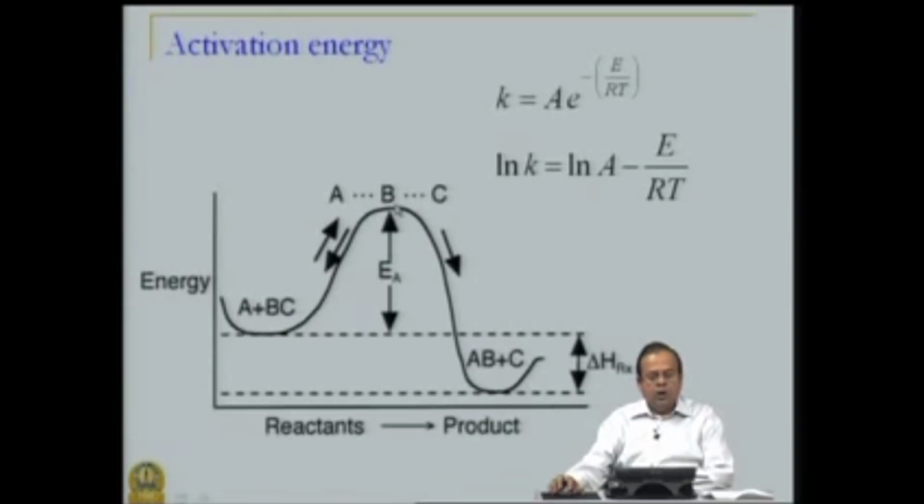For example, a transition complex such as ABC is formed from A plus BC, and then this complex breaks down to give AB plus C. In the formation of this complex an energy barrier has to be crossed, a barrier of magnitude EA, the activation energy, and unless this barrier is crossed the reaction cannot proceed, and hence the rate of reaction depends on temperature in this particular manner.